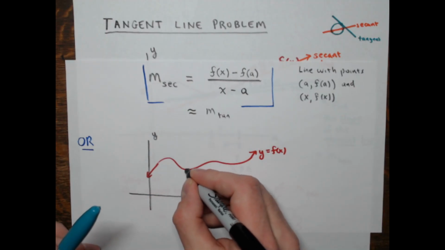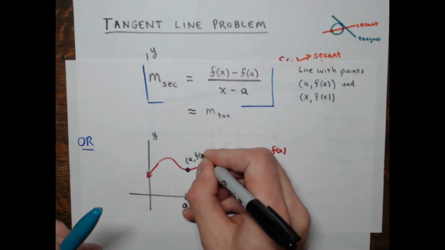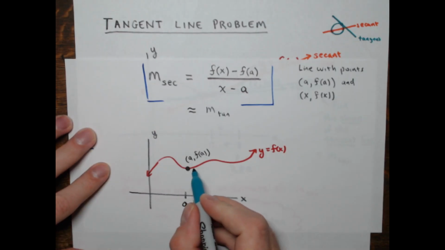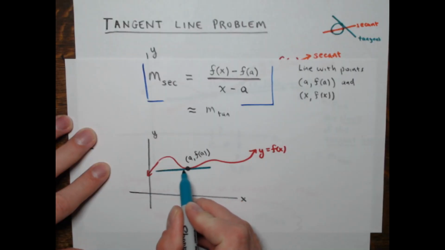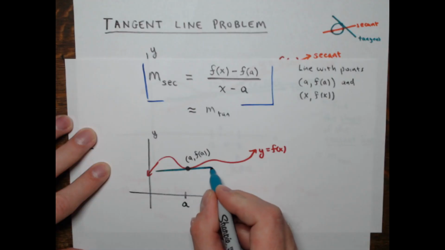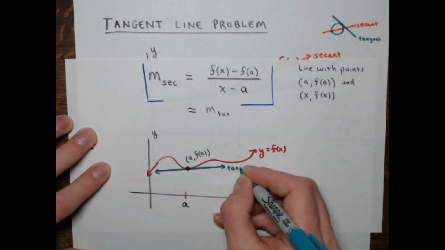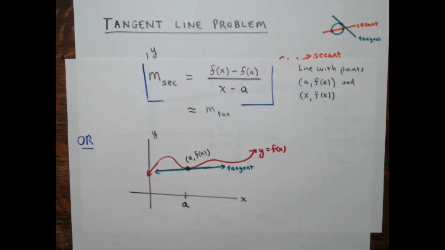So here's the point on the graph, (a, f(a)). And here's my tangent line. Again, it touches just at that point and points in the direction the curve is going in at that moment. So here's my tangent line. I'll just put tangent.